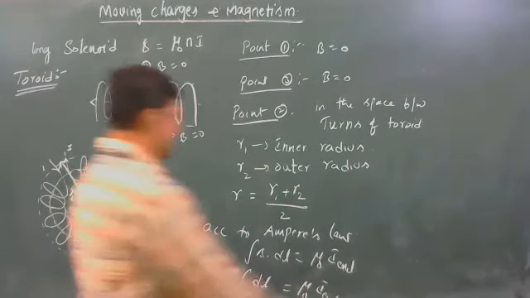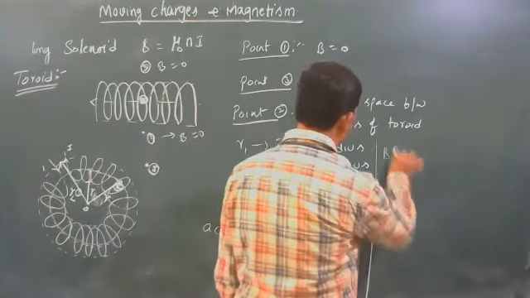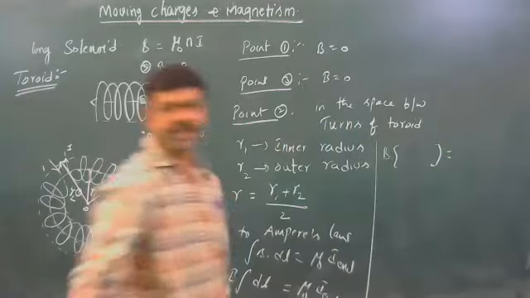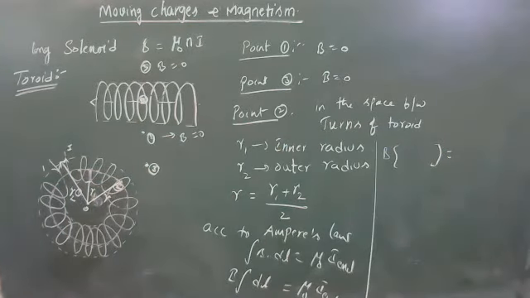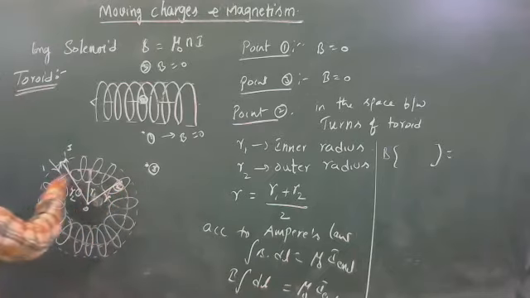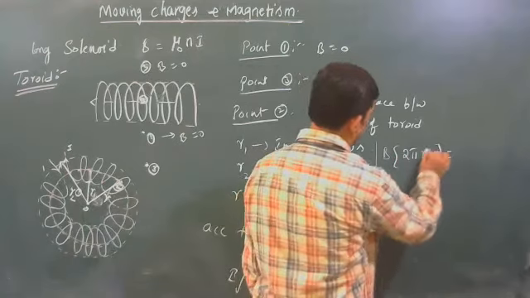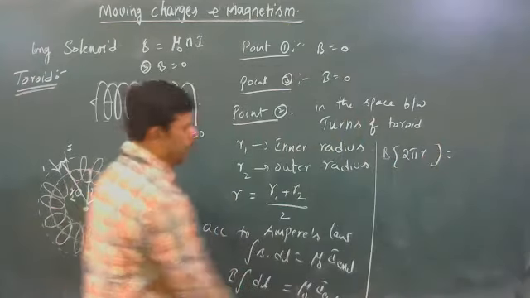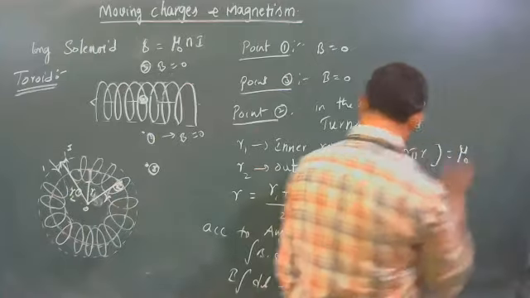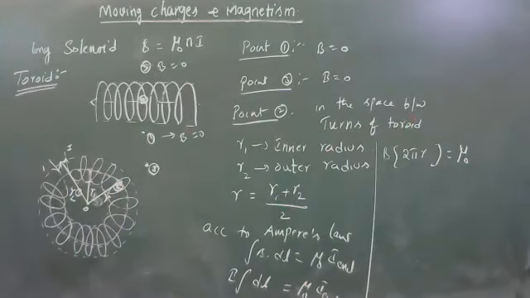Tell me, what is the integral of dl? 2 pi r. For this Ampere's loop, its radius is r, so 2 pi r, equals mu naught I enclosed. See here clearly, whenever I send the current, here current is entering, here entering, here entering.